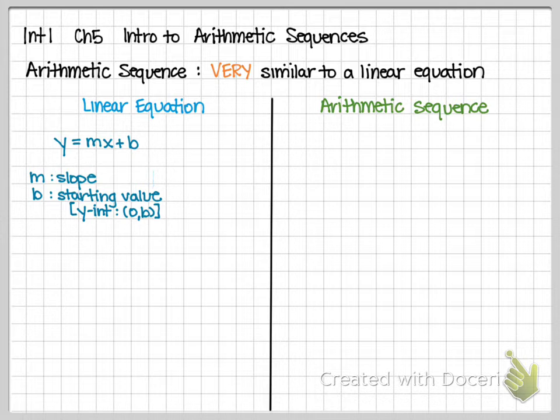One of the important things to note, too, that I haven't really talked about too much, is that whenever we were graphing a linear equation, I'm going to just do a quick little example here. Whenever we were graphing it, we would have some starting value and then some slope to accompany it. So we plotted these points. Additionally, we used a straight line to connect the dots, and we extended through as well.